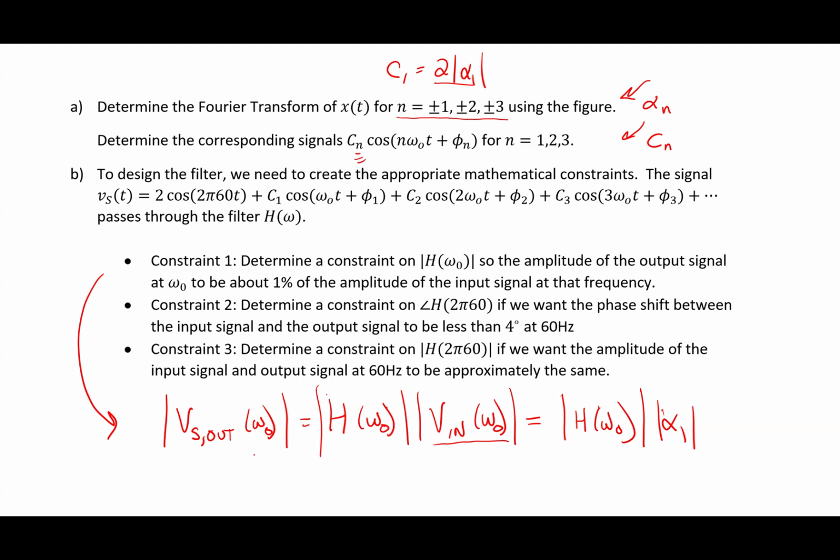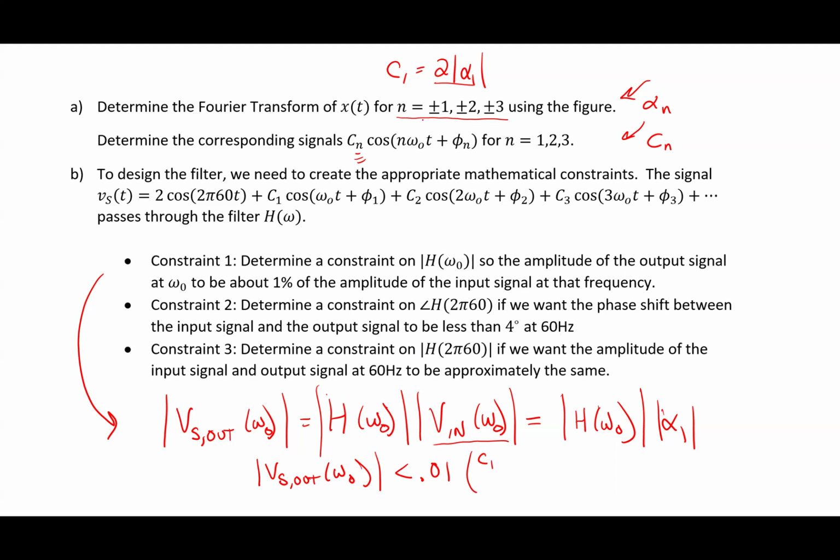So what I'm saying is I want to ensure that Vs out of omega naught will be less than 1% of the amplitude of the input signal at that frequency.